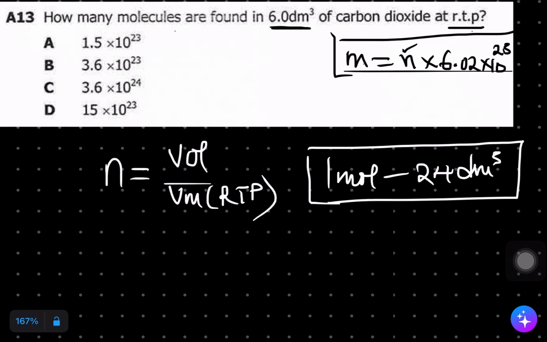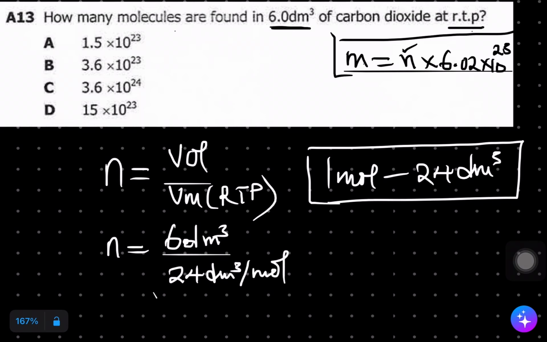Therefore, to calculate the moles, you look at the volume given. The volume is already in dm3. Always remember that when volume is in dm3, we use it directly. So the number of moles equals the volume given, 6.0 dm3, or just 6 dm3, over the standard, 24 dm3 per mole.